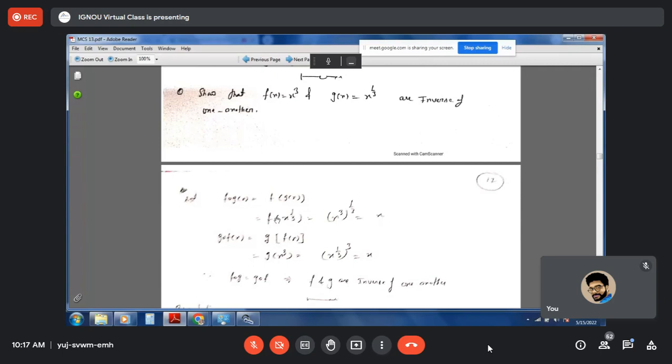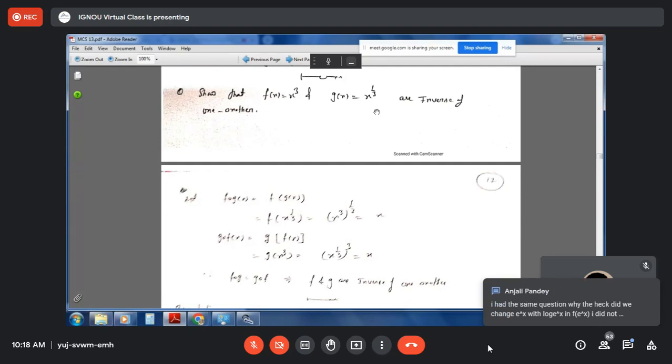Now find g composition f. In the question it was not written, but the meaning of inverse of one another is that f composition g must be equal to g composition f. So g of f of x. What is the value of f of x? x cube. Now in g, change x to x cube.